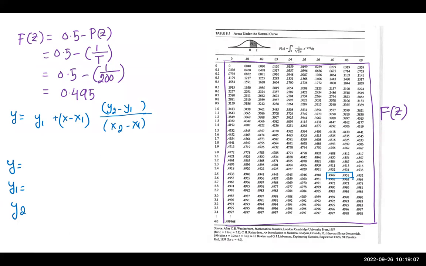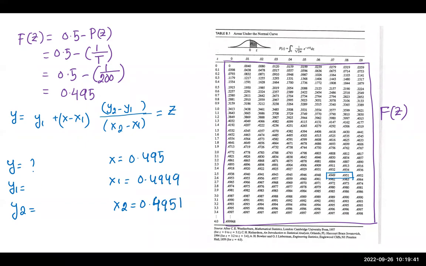Now, y is the general unknown. In this case, y equals z, because z is the unknown here. So we need to find out which one is what. We already know x is 0.495. X1 will be 0.4951.